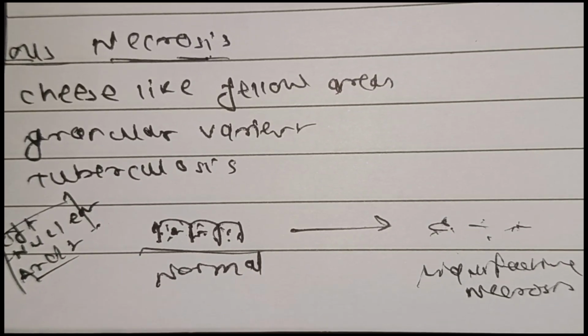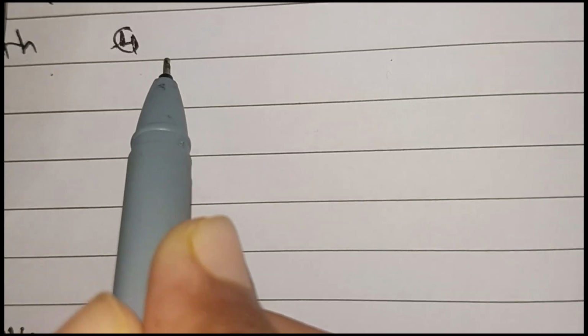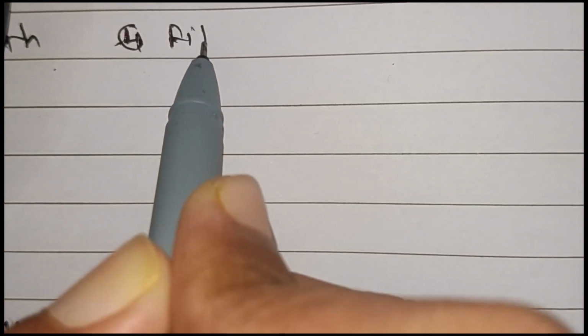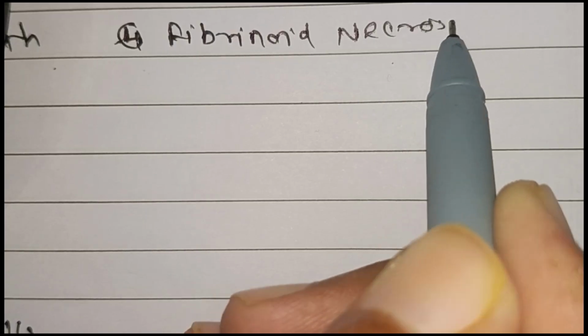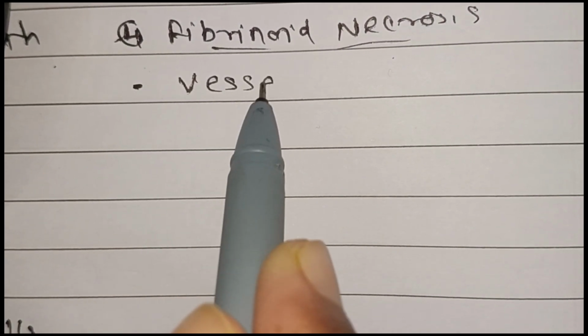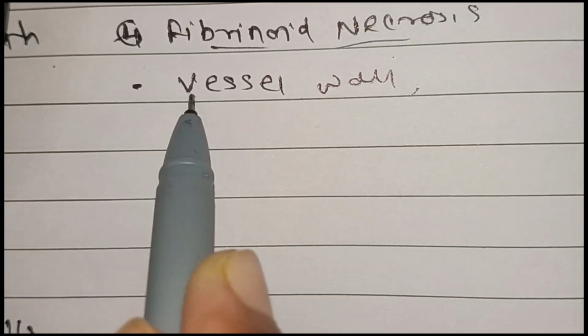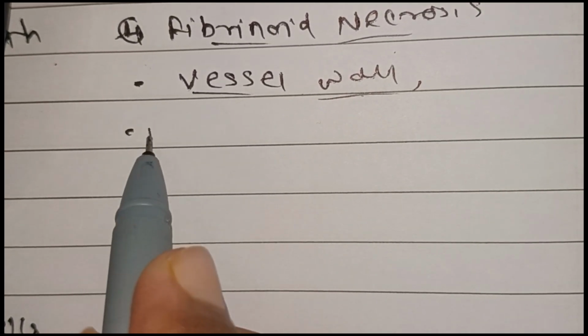Let's see our fourth type, that is fibrinoid necrosis. Fibrinoid necrosis mostly occurs in the vessel wall, so it is also called vessel wall necrosis.